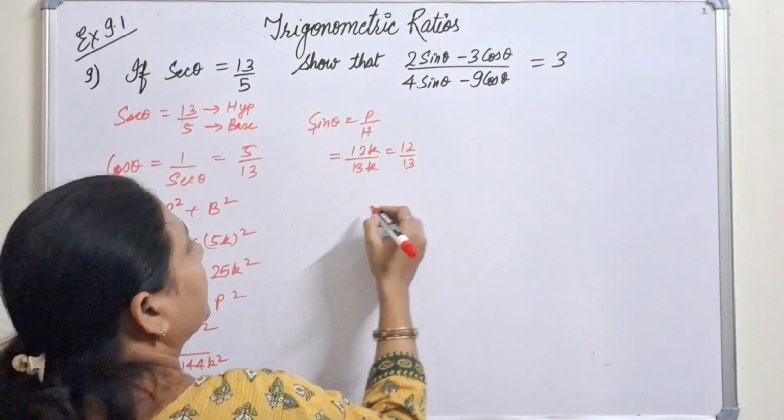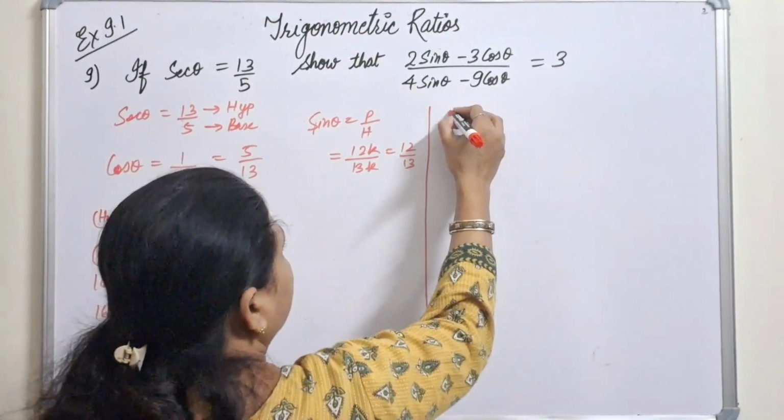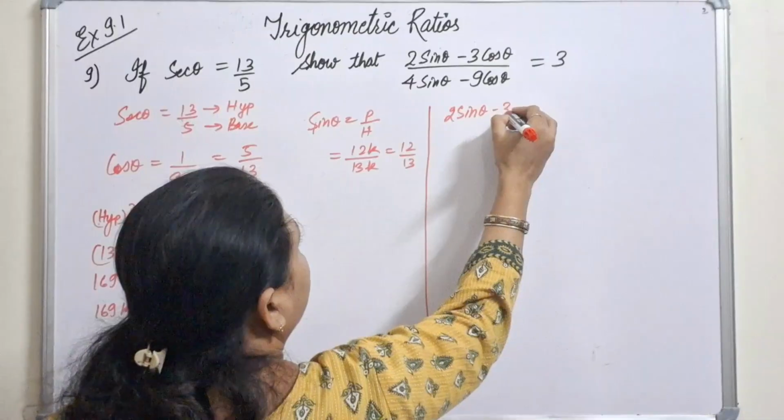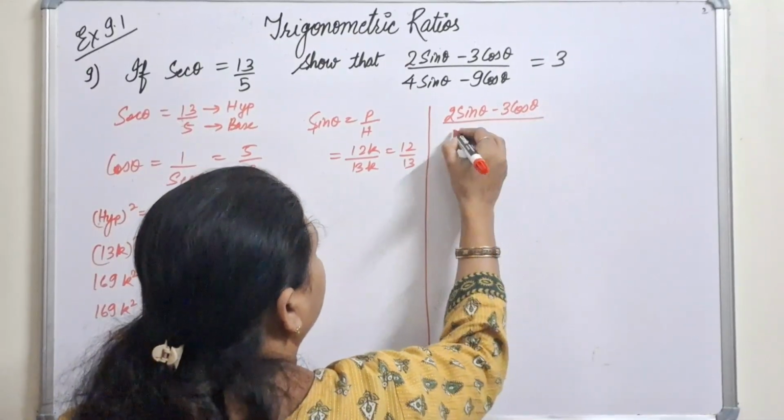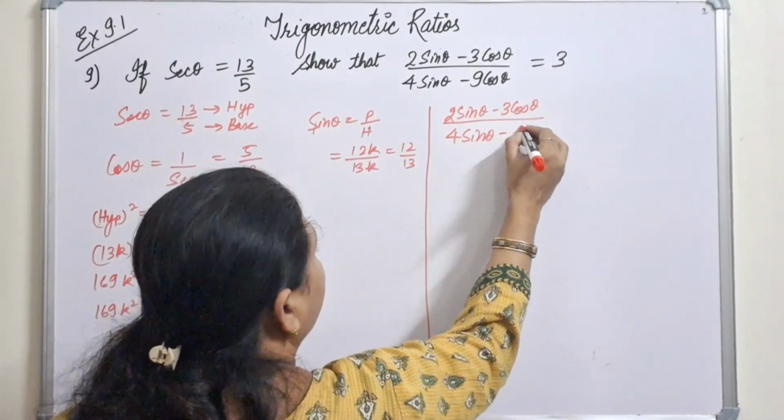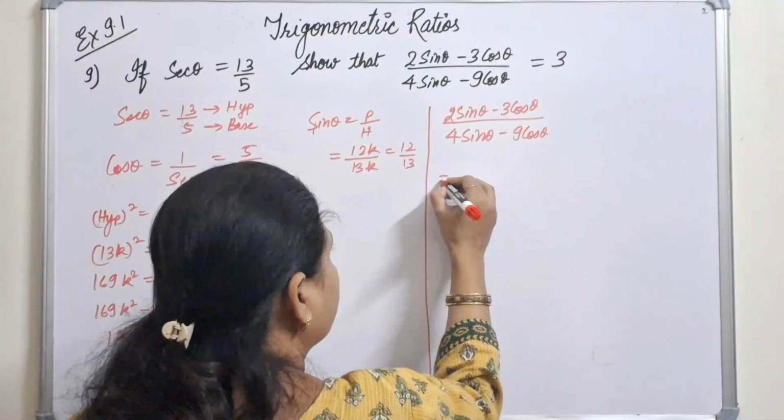Substituting the value in the given expression, 2 sin theta minus 3 cos theta upon 4 sin theta minus 9 cos theta.